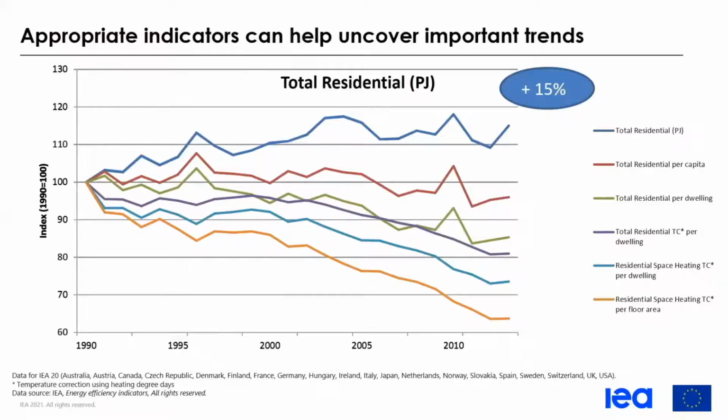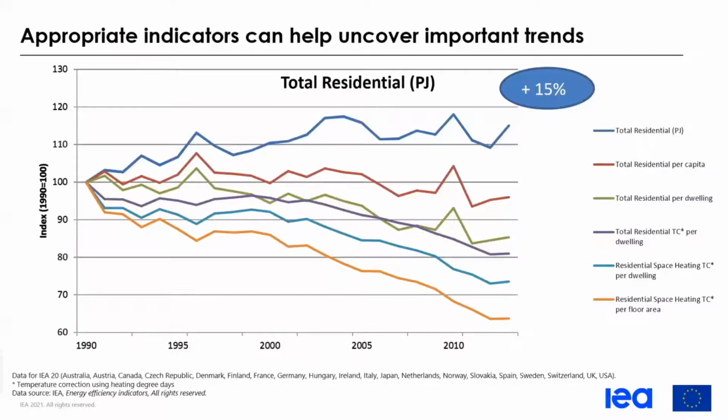If we go to the more detailed data indicators, for example, the consumption of energy for space heating divided by occupied dwellings or by floor area, we can see a dramatic reduction over the analyzed period. So this means that even if residential energy consumption increased and residential consumption per capita did more or less remain stable, important efficiency improvements are witnessed in space heating.